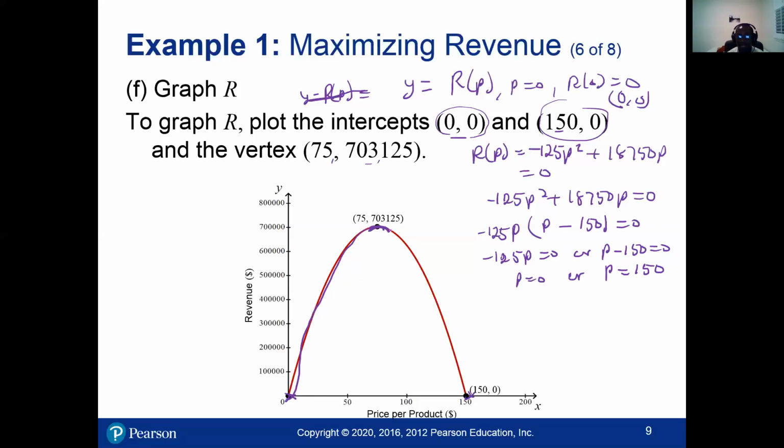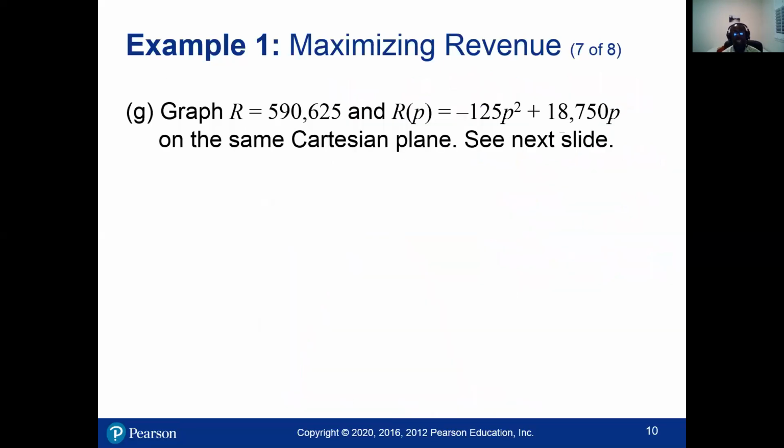So remember that, because we don't want to have negative revenue or price or number of calculators. So this is the graph of that. Now, the question says just graph that. The last part says that if R is equal to this, draw this on the same plane. So we'll see that in the next slide.